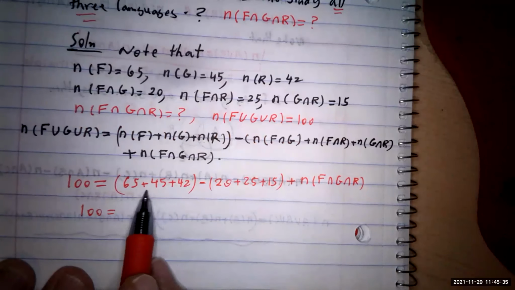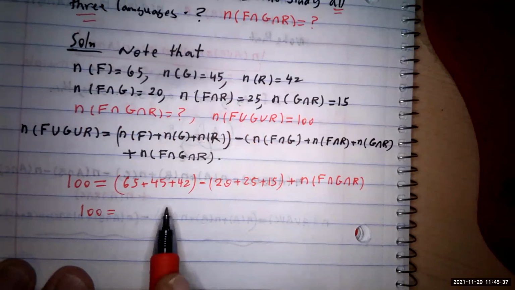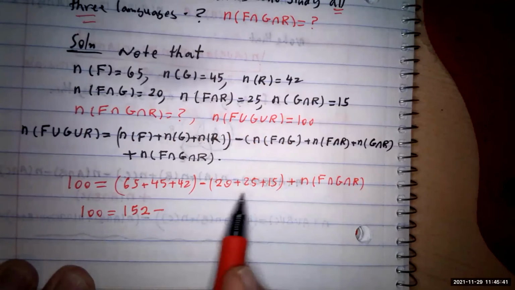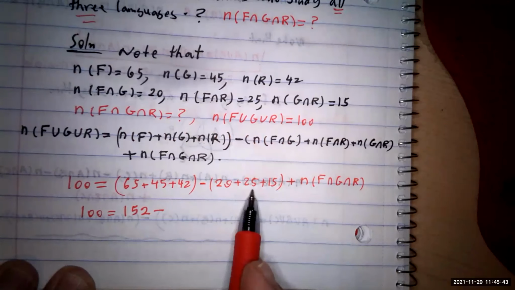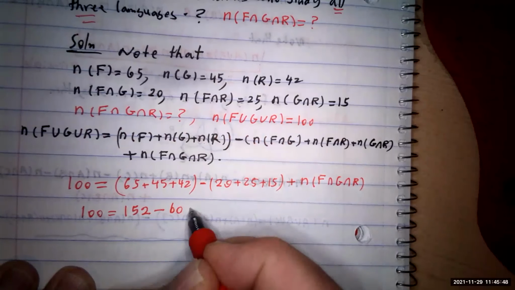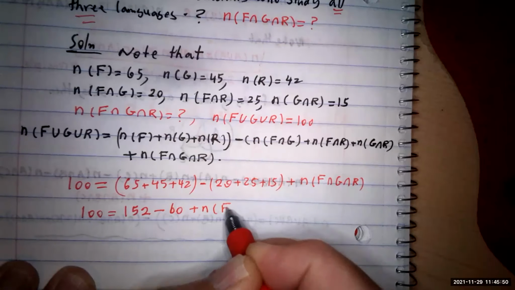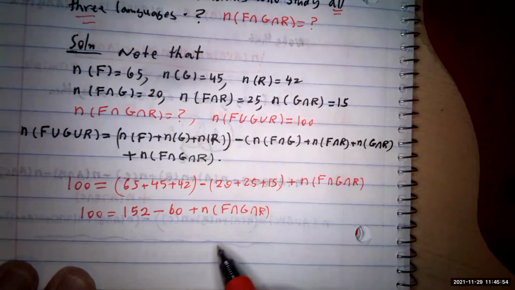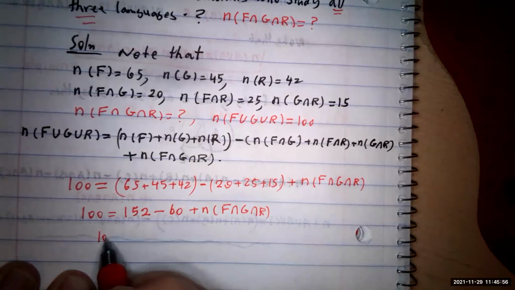So if you add these numbers, it's going to be 110, 152. Okay, minus 40, 60, and the other one is the unknown, N of F intersect G intersect R. Okay, so that would be 100.